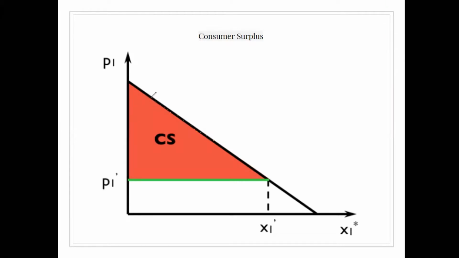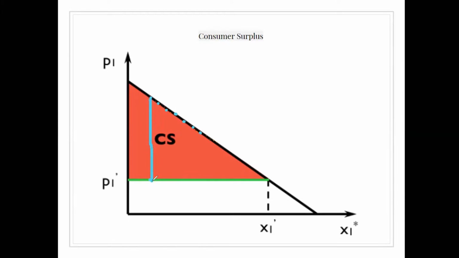So if this is the demand curve and at every one of these points this was the willingness to pay for this good, but if we go vertically down to the price, this is the point I actually paid. So this difference, imagine that's a straight line, that difference is the surplus.